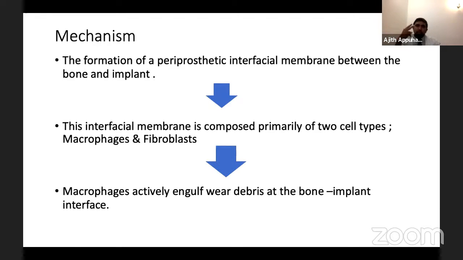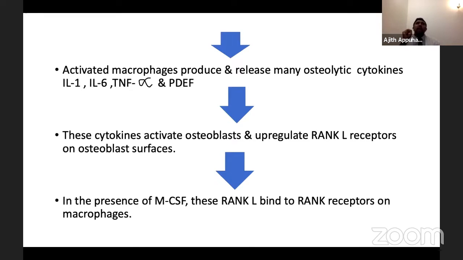This interfacial membrane is composed primarily of two types of cells: macrophages and fibroblasts. These macrophages actively engulf the wear debris at the bone-implant interface. Once engulfed, macrophage activation happens.